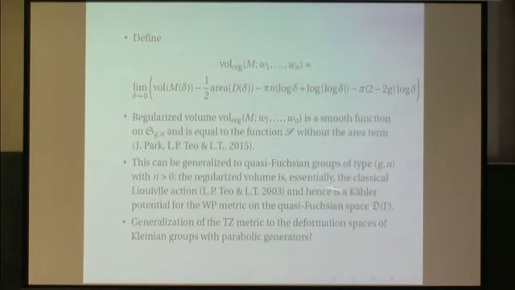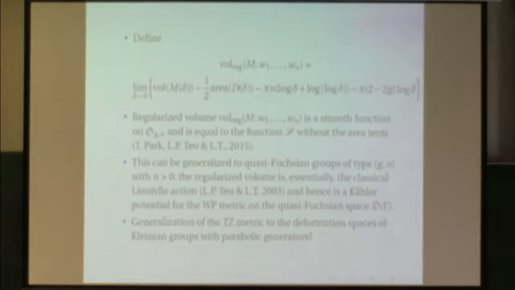One can consider quasi-Fuchsian groups with parabolic generators. How do we define the corresponding cusp metrics for these deformation spaces? What would be their analog? What would be the metric?